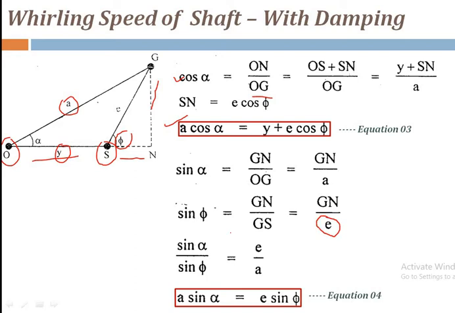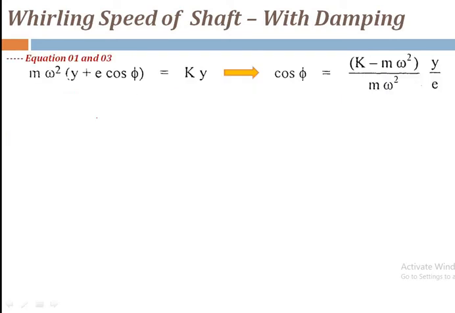If you take the ratio sin alpha by sin phi, we get equal to e by small a, and finally we get a sin alpha equal to e sin phi, which is equation number 4. From equation number 1 and 3, we get m omega square into y plus e cos phi, that is equal to ky.